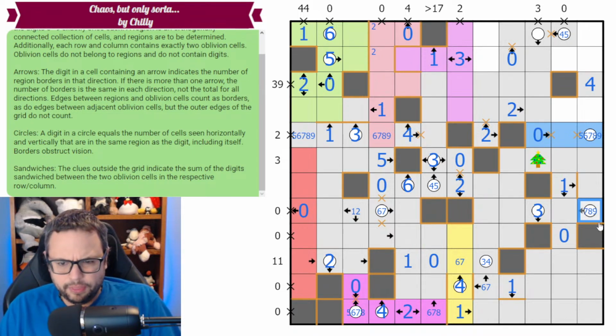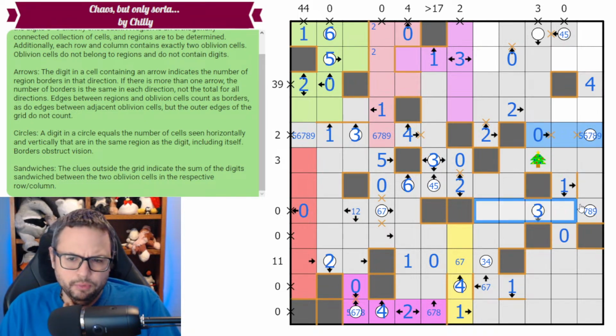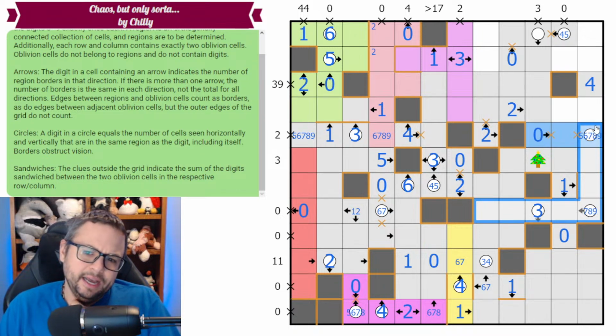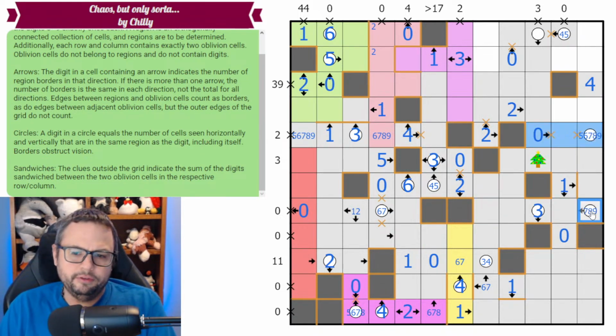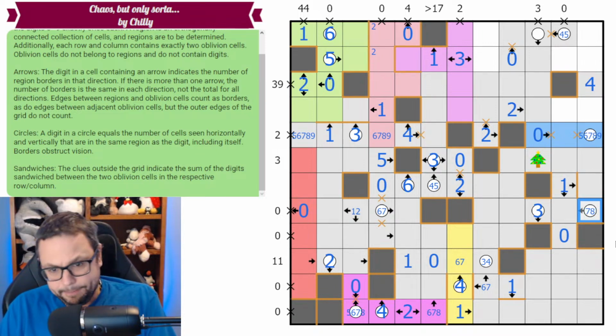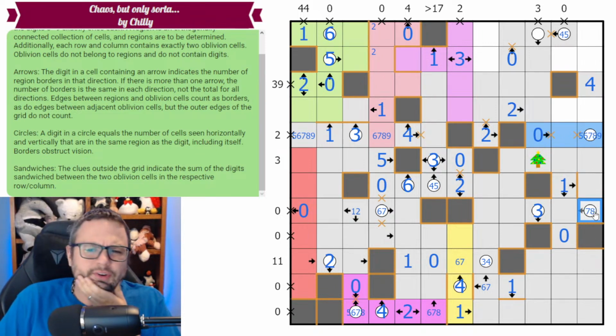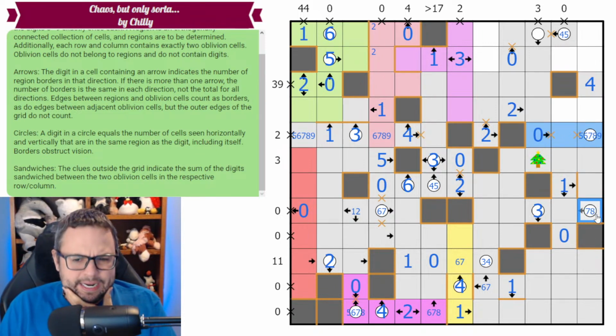For what it is worth, but it can't possibly be 9 because if it was 9, it would have to be blue. 1, 2, 3, 4, 5, 6, 7, 8. It would have to be blue, but then it can't see 9 cells of blue because there are 2 cells in blue it doesn't see. So this is certainly 7 or 8.